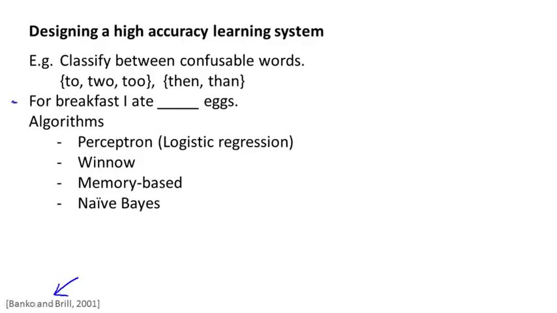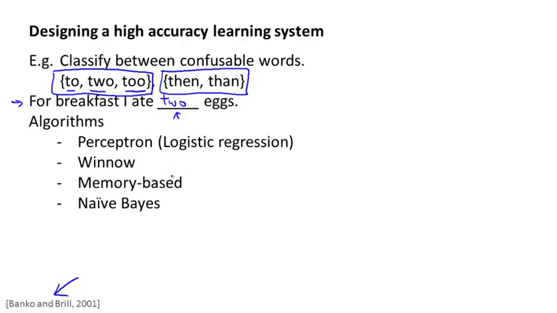So for example, in the sentence, for breakfast I ate, should it be T-O, T-W-O, or T-O-O? Well, for this example, for breakfast I ate T-W-O, 2 eggs. So this is one example of a set of confusable words, and that's a different set. And so they took machine learning problems like these, supervised learning problems, to try to categorize what is the appropriate word to go into a certain position in an English sentence.